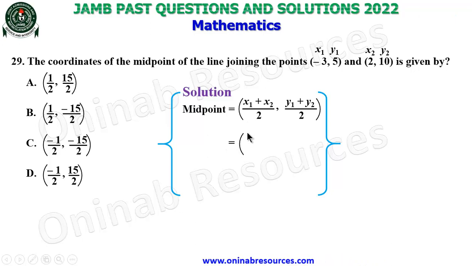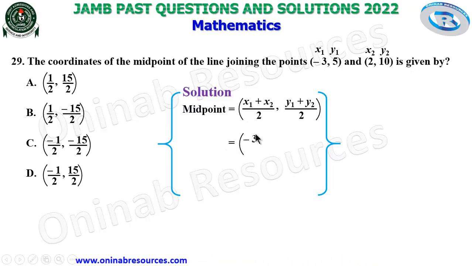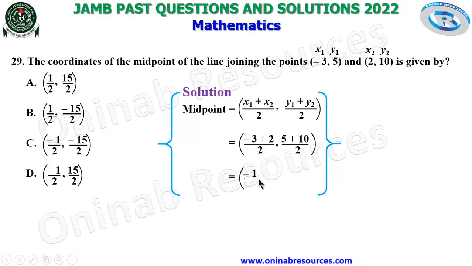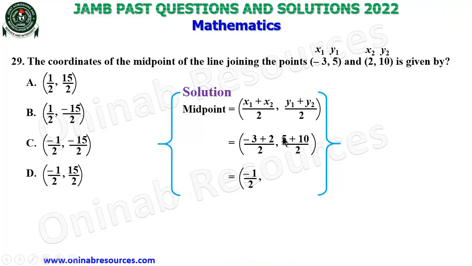So that's going to give us (-3 + 2)/2, comma, (5 + 10)/2. -3 plus 2 gives -1 over 2, then comma, 5 plus 10 gives 15 over 2. We then look for the option containing this.